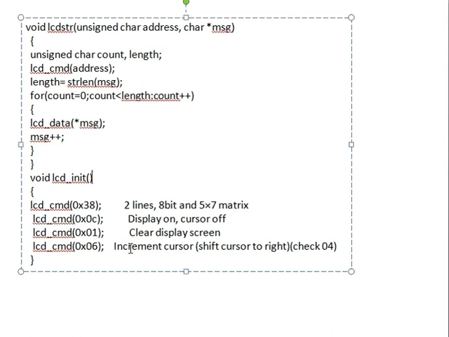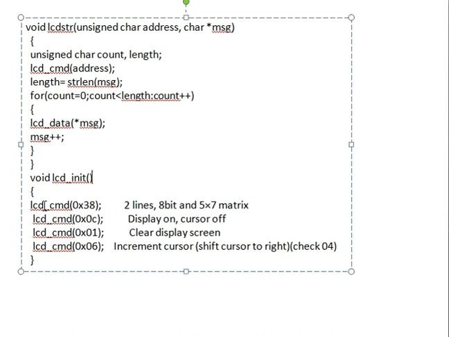And 06 is to ensure that the characters get printed one after another in the right direction. After printing one character, go to the next location and shift the cursor. You can check what happens if you provide 04 and figure out any difference. Okay, so this is what LCD init is.